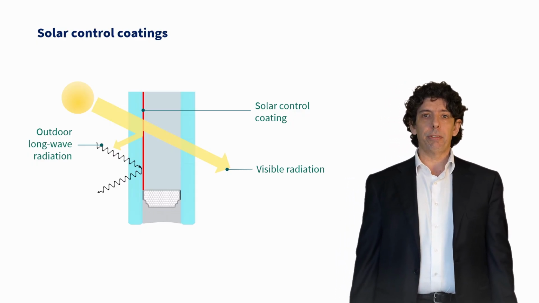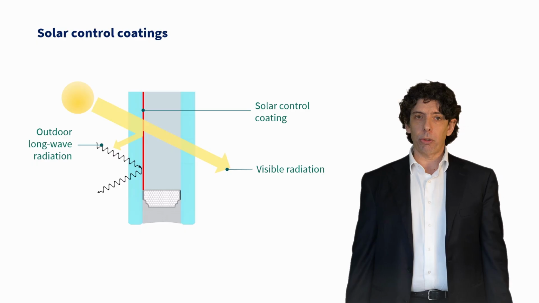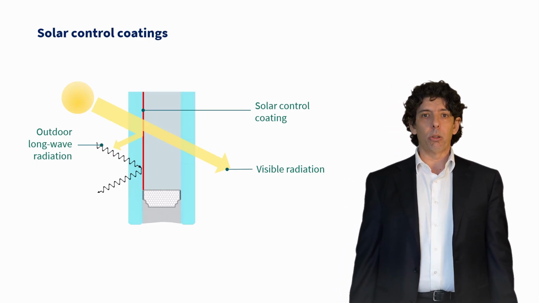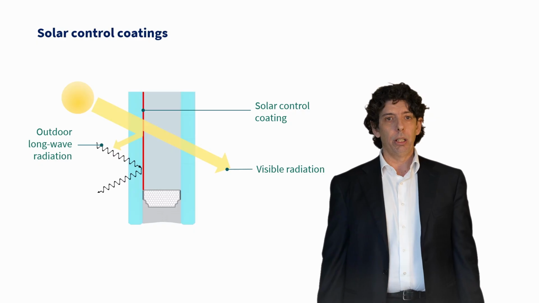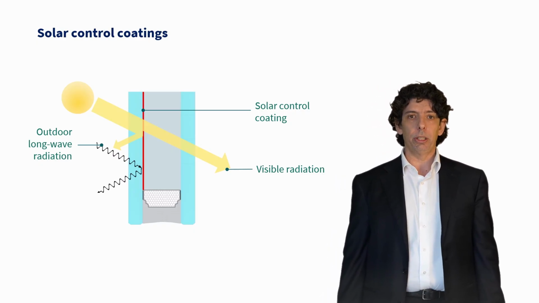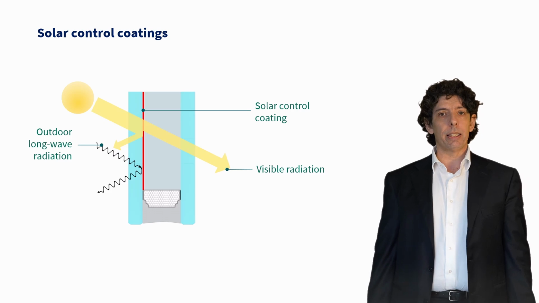Many other coatings are available, and specific products such as photochromic, thermochromic, electrochromic can also provide dynamic behavior, allowing to change the glass properties according to external stimuli to maximize the winter and summer benefits.